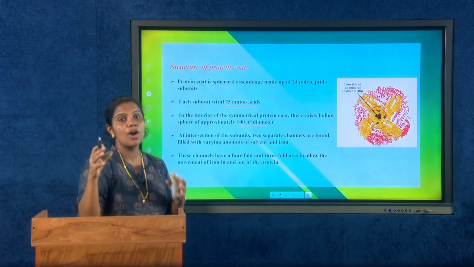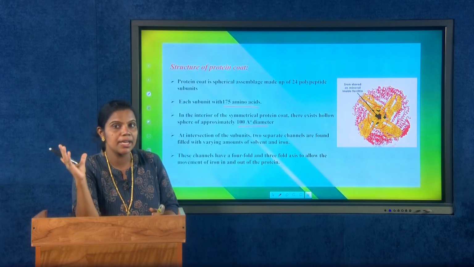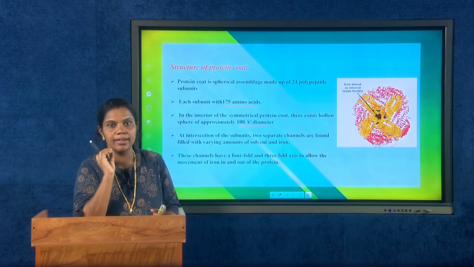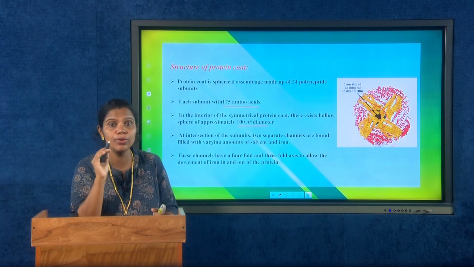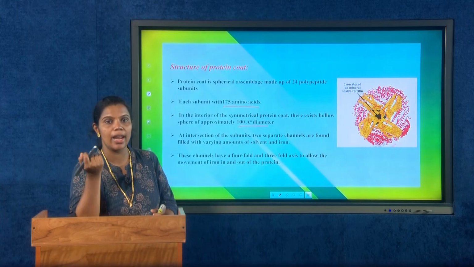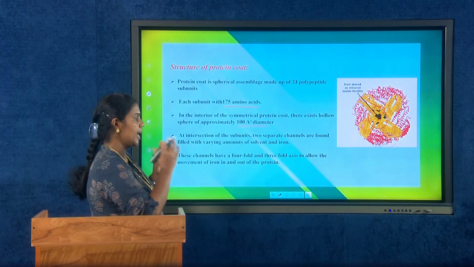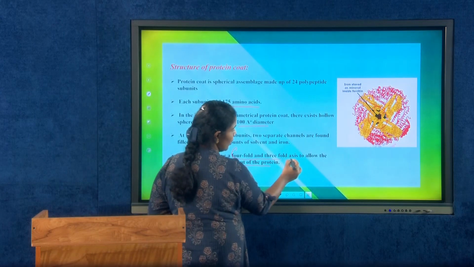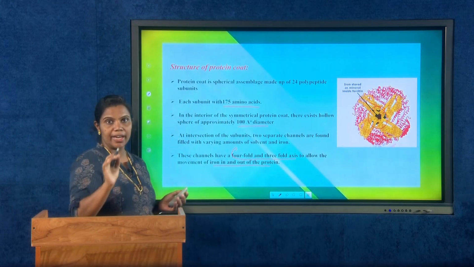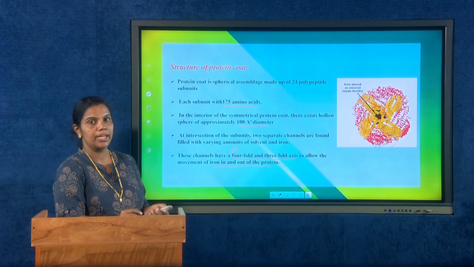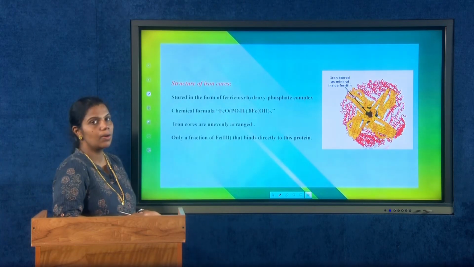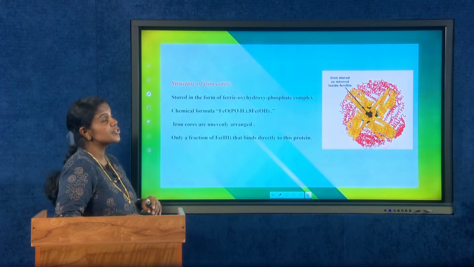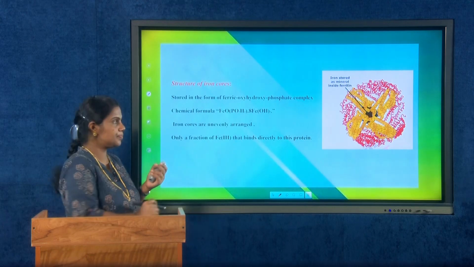At the intersection of two subunits, two separate channels are found, filled with varying amounts of solvent and iron. These channels have a fourfold and threefold axis to allow the movement of iron in and out of the protein. This is the structure of the protein coat in ferritin.